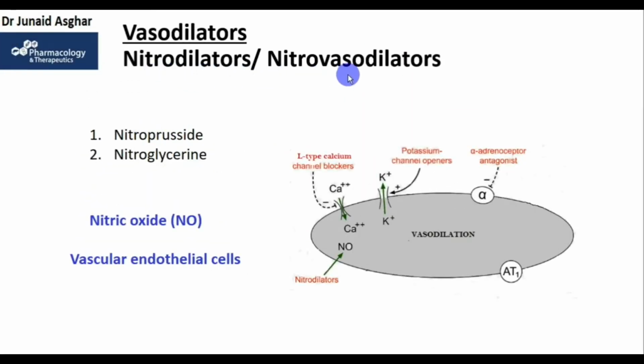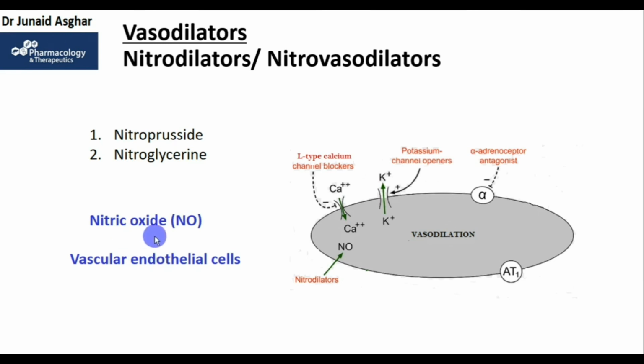Nitrodilators or nitrovasodilators. It consists of drugs, nitroprusside and nitroglycerin, which is also called glyceryl trinitrate. Now, nitric oxide or NO is a very important vasoactive substance which is mainly produced by the vascular endothelial cells.